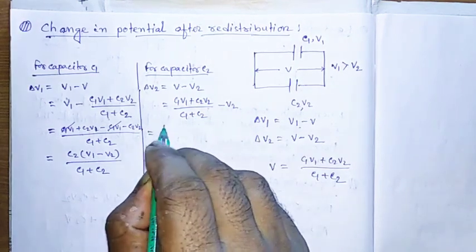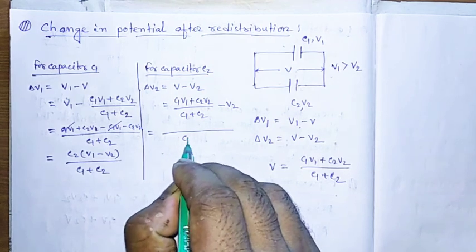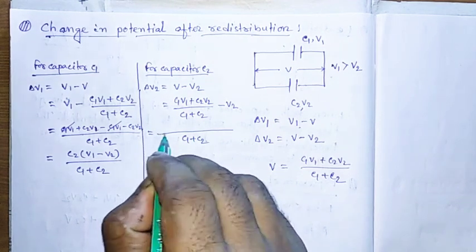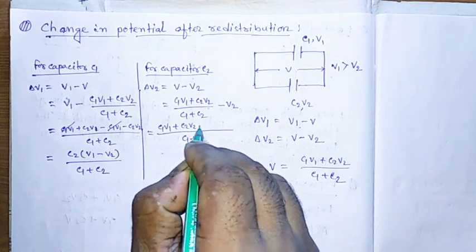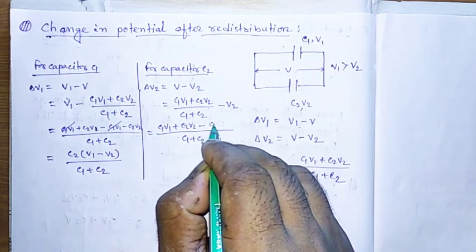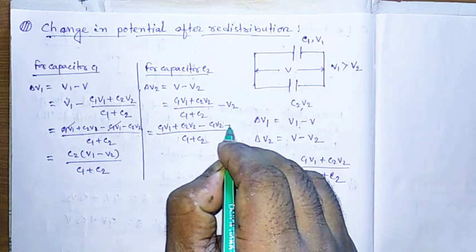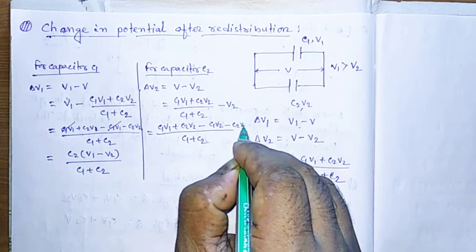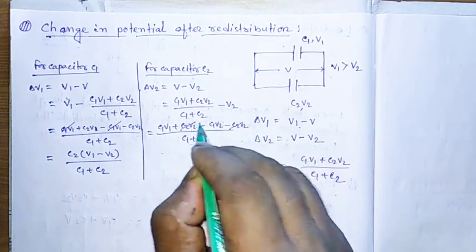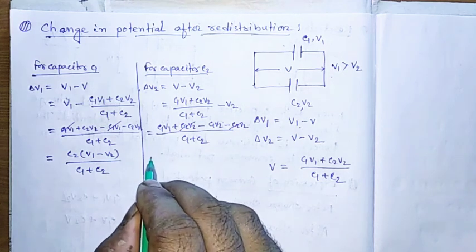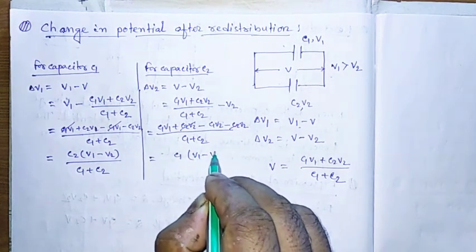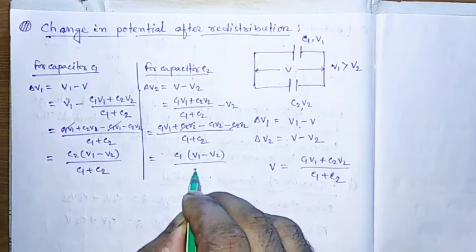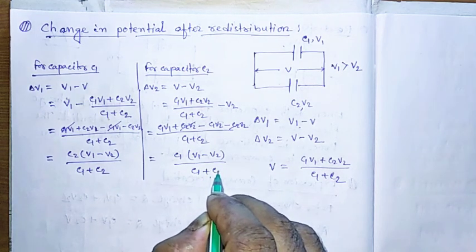It is equal to (C1 V1 plus C2 V2 minus C1 V2 minus C2 V2) over (C1 plus C2), and C2 V2 cancels. It is equal to C1 into (V1 minus V2) all divided by C1 plus C2.